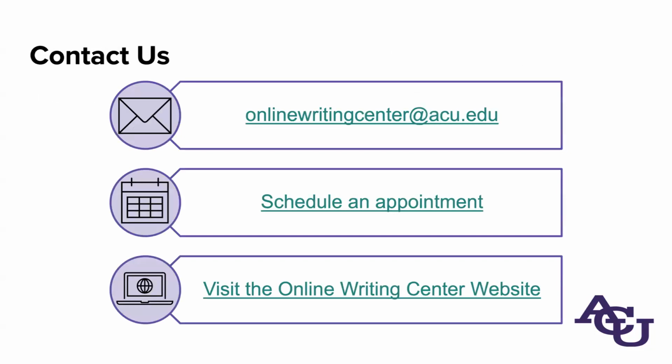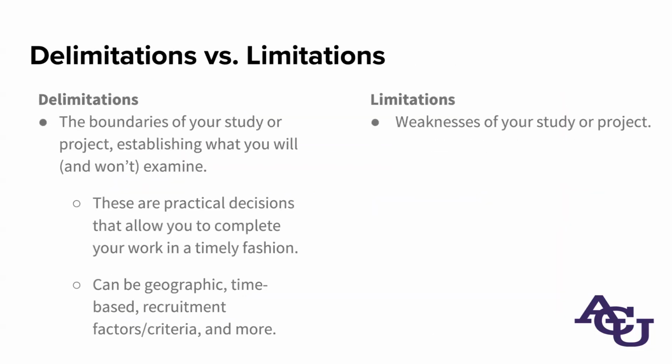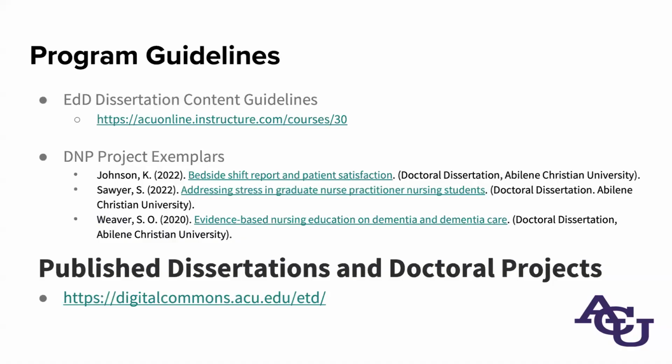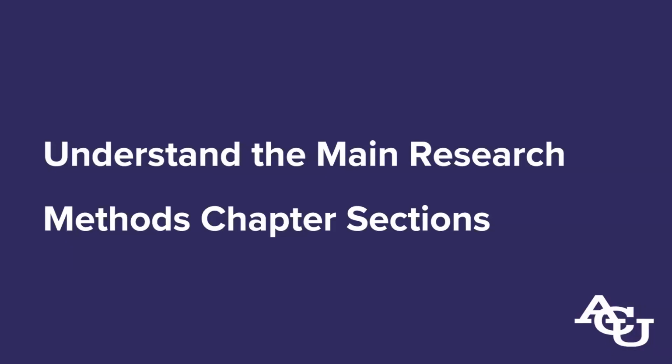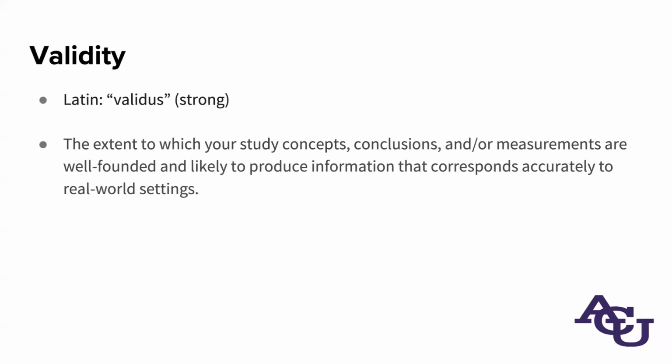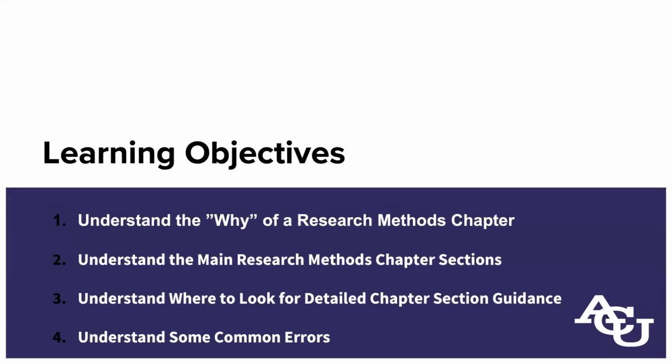So that concludes our planned talk today. Just to recap, we started out by looking at the question of why the research chapter? What are the things that make it important to describe how you're doing your research or how you did your research, depending on if this is the proposal prospectus stage or if this is working on your completed final manuscript.